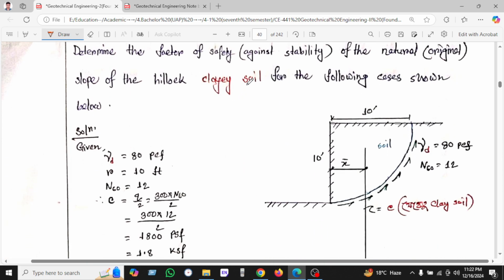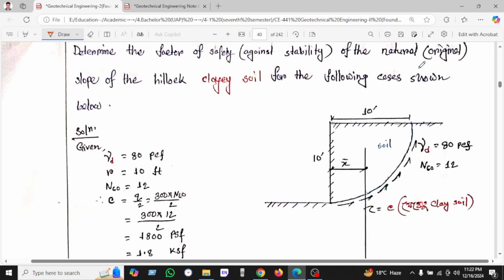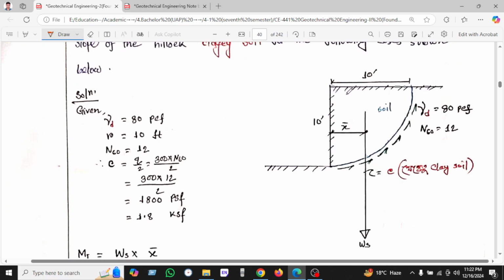So determine the factor of safety, and there is another example. Against stability, the original slope of the hilly rock clay soil in the following case is shown below. So R is given here, the same. X bar equals 0.424 R, and the unit weight is 80 PSF, and N60 is 12.